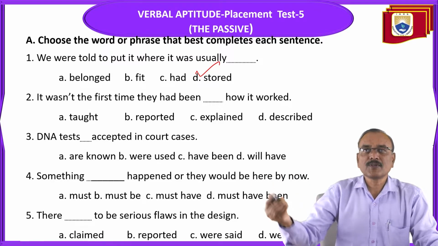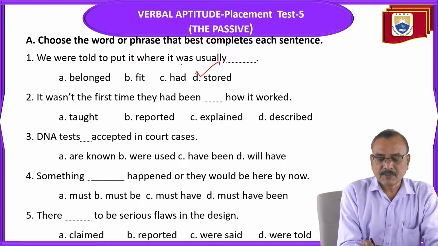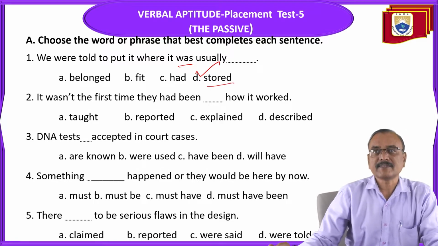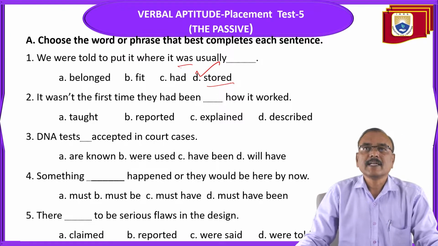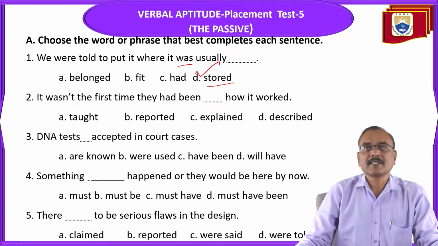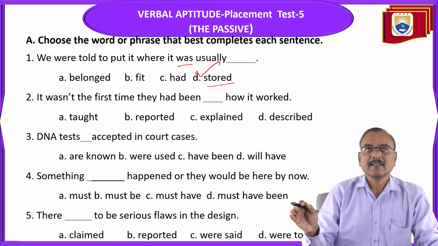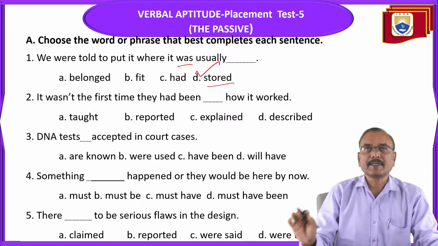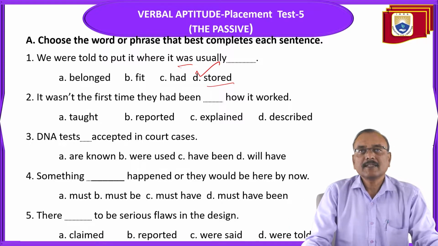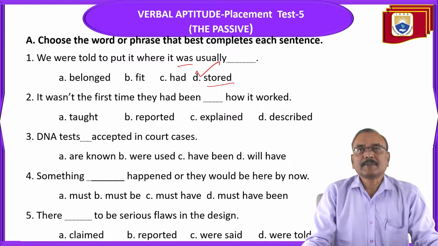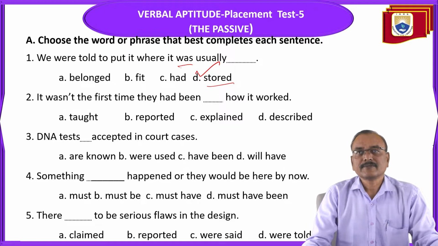So where it was usually stored, was stored here, that is the past tense. It was usually stored here at that place, okay. In that place only you keep it now, right? We were told to put it where it was usually stored here, okay.